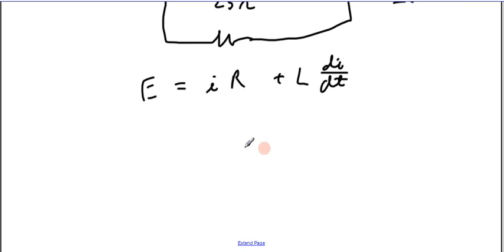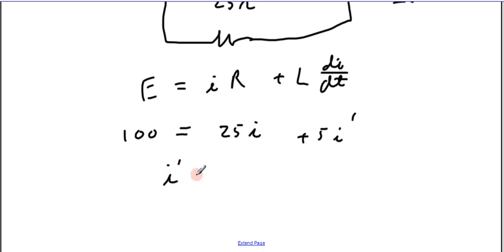Okay, so putting our numbers in, we have 100 is equal to 25i plus 5i prime. And it looks sort of like a differential equation. And we can simplify it because I can divide everything by 5. So I'm going to do that.